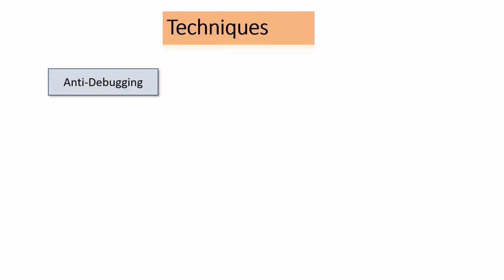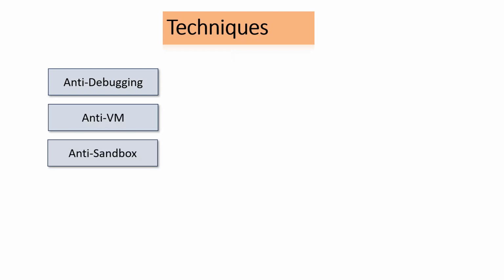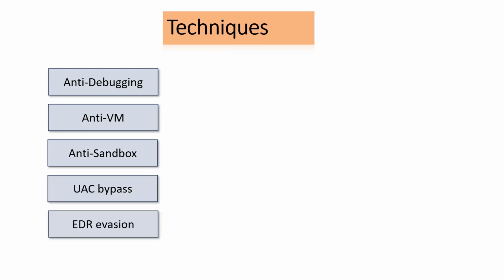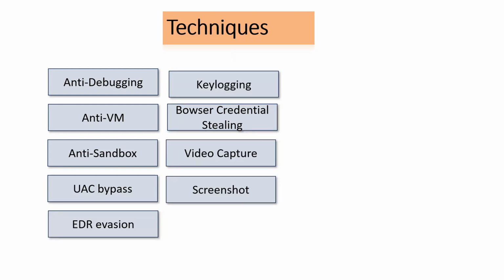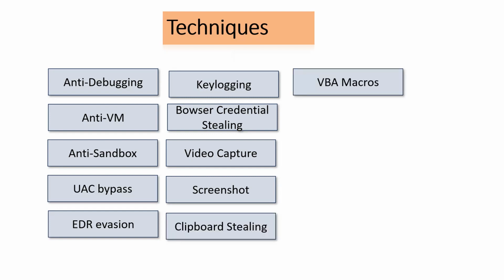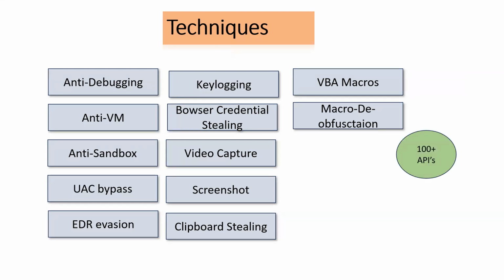You will also learn to analyze anti-debugging tricks, anti-VM techniques, anti-sandbox techniques, UAC bypass, EDR evasion, key logging, browser credential stealing, video capture, screenshot related code, and clipboard stealing. You'll also learn about VBA macros and macro deobfuscation. You will learn hundreds of APIs here and 50 plus techniques used in malware.